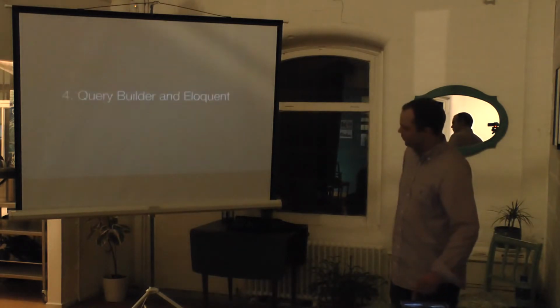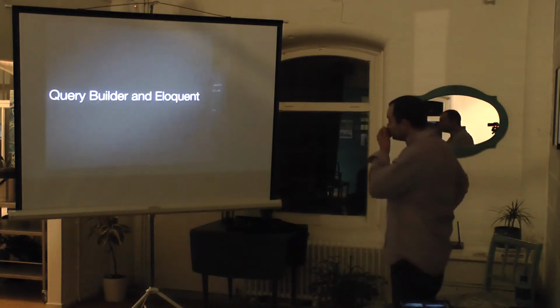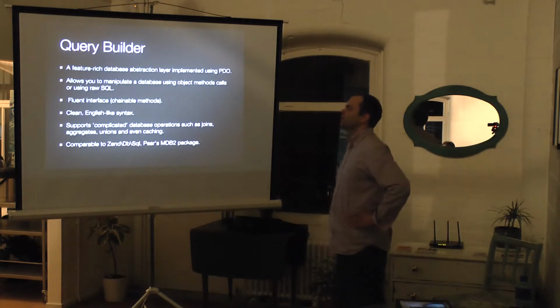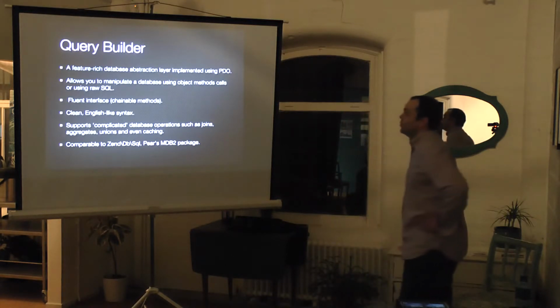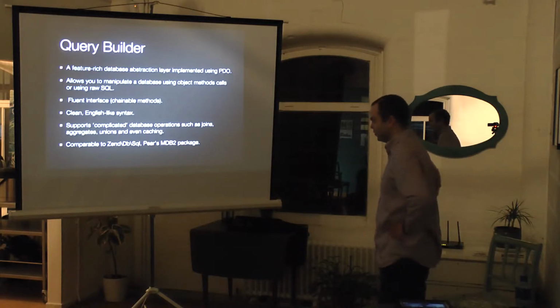So next, we have Query Builder and Eloquent. Query Builder, a feature-rich database abstraction layer implemented using PDO. It allows you to manipulate a database using object method calls or using raw SQL. Fluent interface, chainable methods.